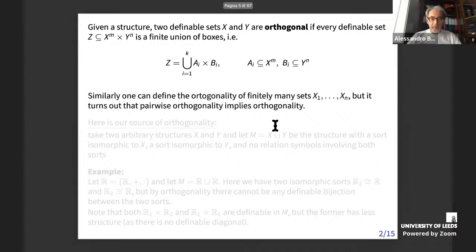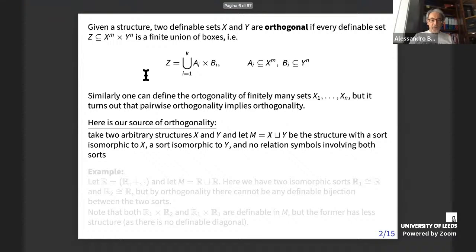Of course, you can give similar definitions for several orthogonal sets instead of two, but it turns out that pairwise orthogonality implies orthogonality. And for this, you need to allow Cartesian powers in the definition. So the main example, the main source of orthogonality, is the following.